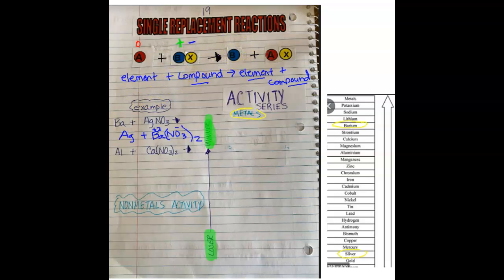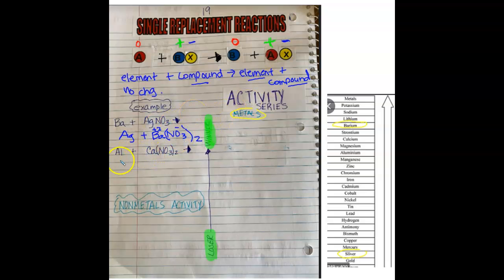When you come over here to the products, the B now becomes a 0 charge, your A will gain or lose electrons, so it now becomes your positive, and your X stays your negative. Okay? So just be aware of that this is the element. It has no charge. Okay? The element has no charge. Okay? It hasn't gained or lost electrons.